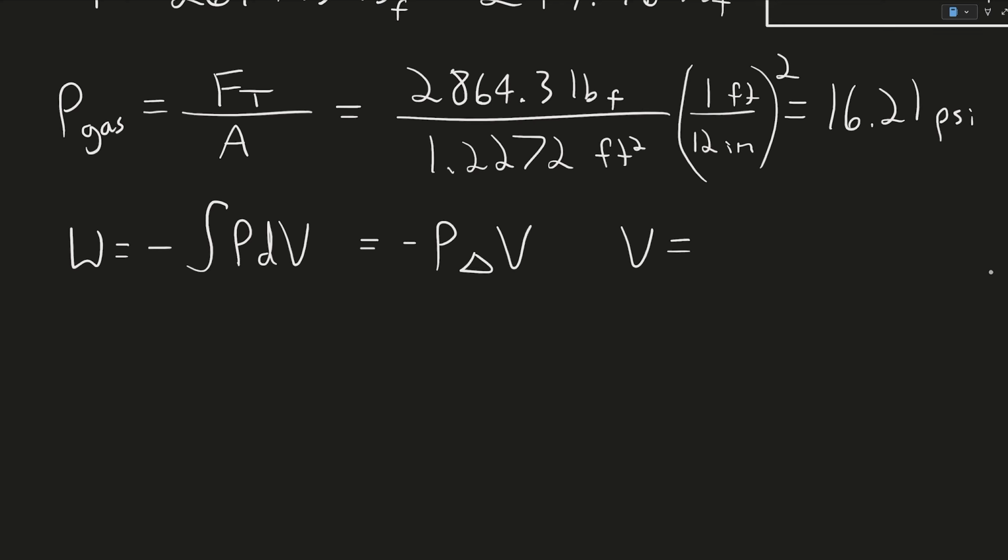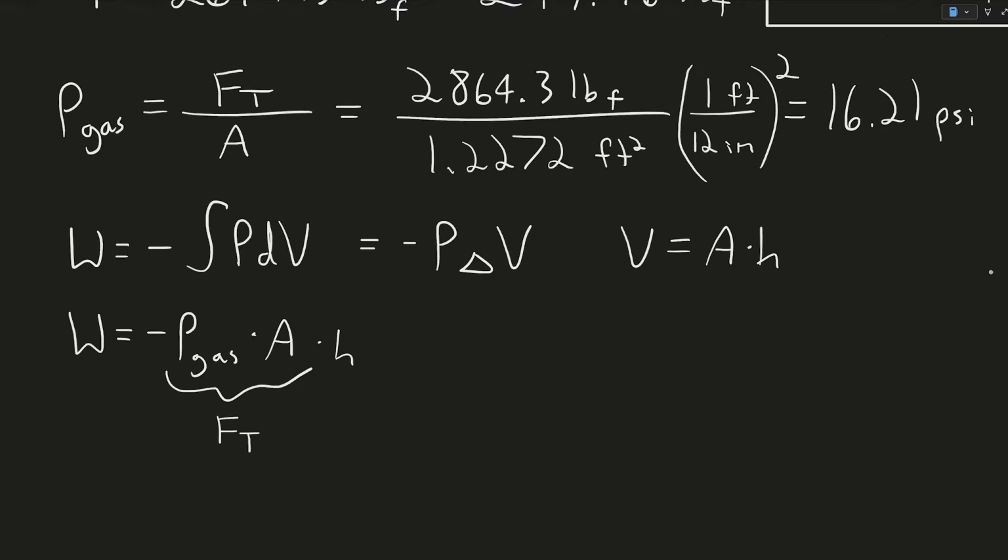And volume is equal to the area times our height. So it simplifies that our work is equal to negative pressure of the gas times the area times the height. The pressure of the gas times area is equivalent to our total force. That can be derived from this equation over here. So our work is really equal to the negative total force times our height. This should really be change in height.